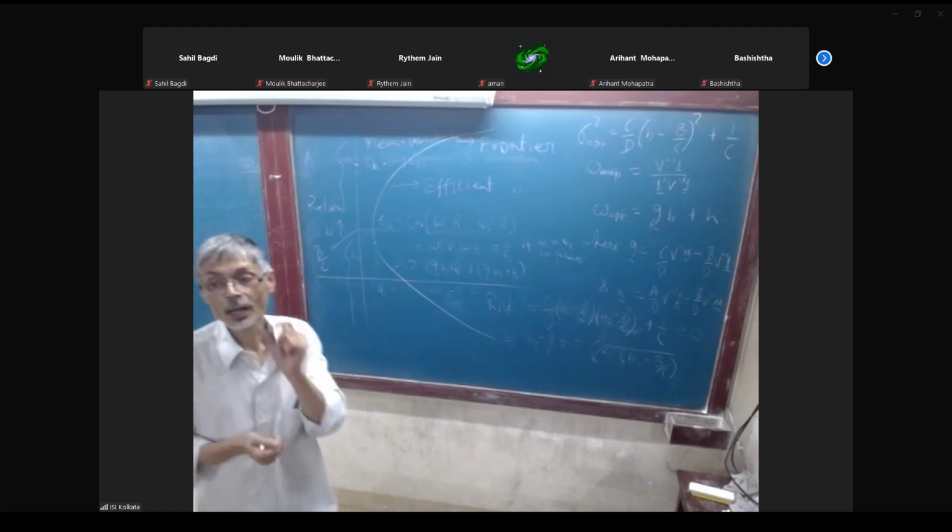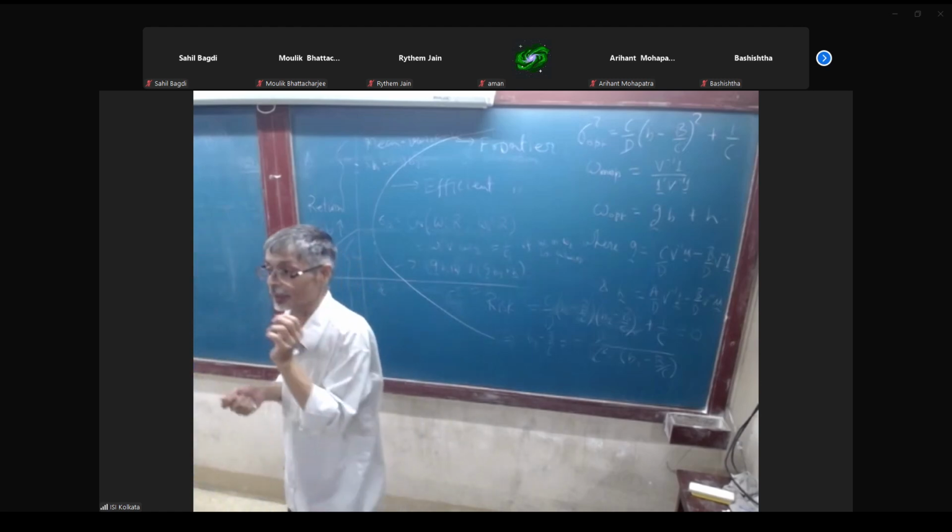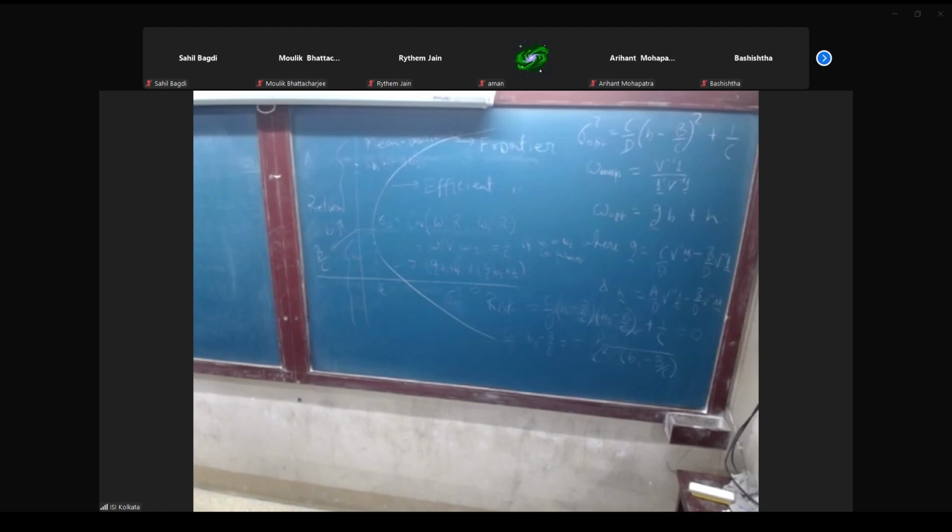That's the important part here, because wherever you want to find the minimization of variance, these 3 things are not independent, so you can represent one of them in terms of the others.